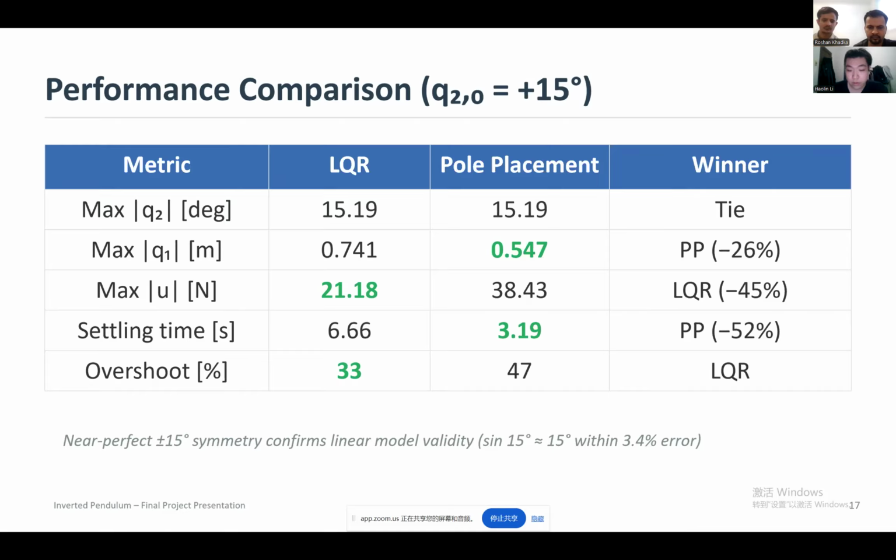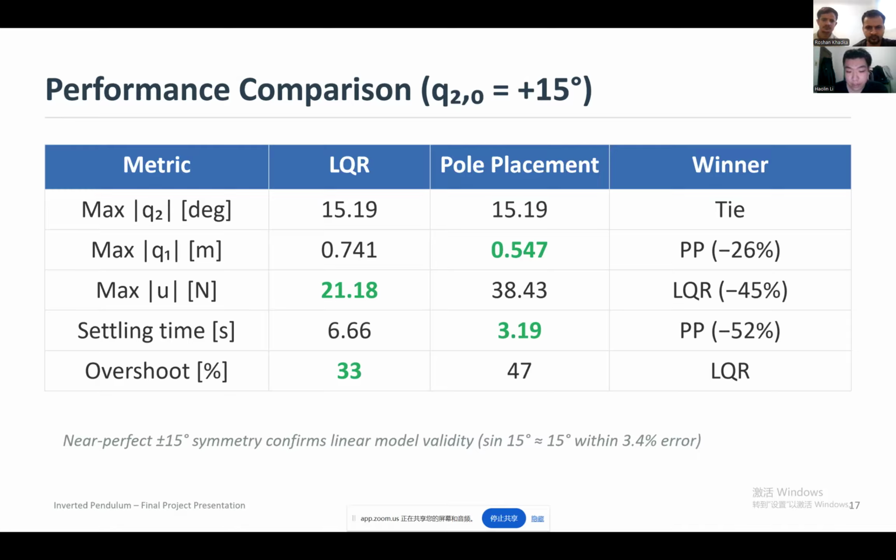Both controllers showed 15.19 degrees. This is slightly higher than the initial 15 degrees. The reason is that at the very beginning, the pendulum keeps falling for a short time before the controller reacts, so the peak goes just a little bit above 15. Both controllers have the same value here, so there is a tie.